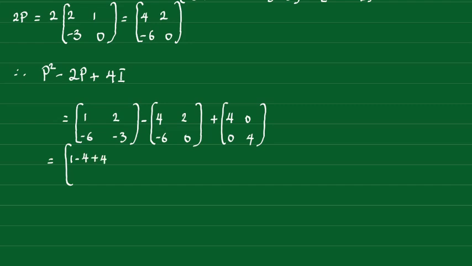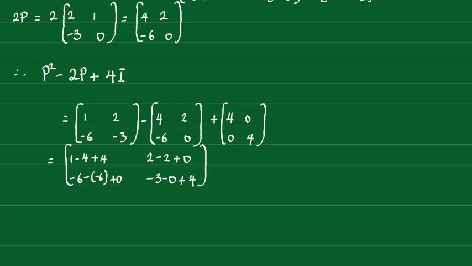Next we have -6 minus -6 plus 0; and -3 minus 0 plus 4).